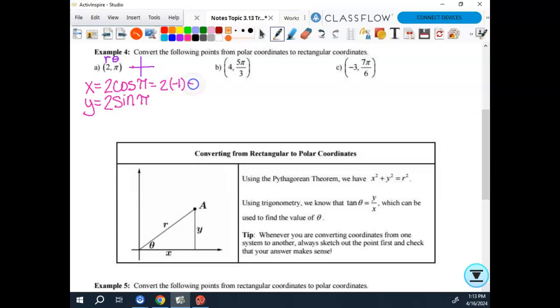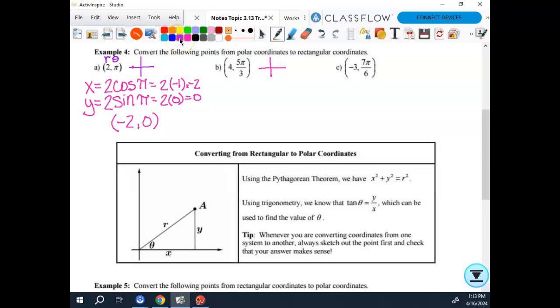So that gives me a -2. And then sine of pi is what? 0. So this is 0. So that means my ordered pair is -2, 0. And on the rectangular coordinate plane, if I start at 0, 0, and I go -2, that point makes sense. You agree with that? Questions? All right.